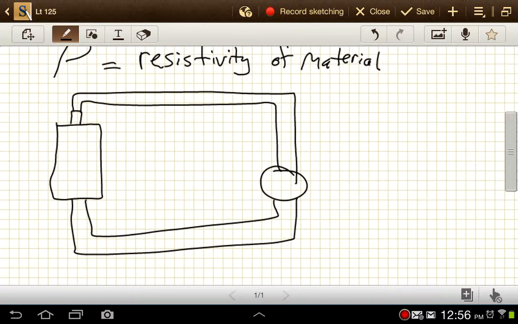One thing that makes this more resistive is if we have a tiny area for the charges to travel through, if they all get squeezed together. It's just like if you try to get a whole bunch of people going through a single doorway all at the same time. They're all squeezed together to try to get through that doorway, and it slows everything down, compared with if we knock down this wall that people are trying to get through. Now we have a lot bigger area to pass through, and we can travel much faster.